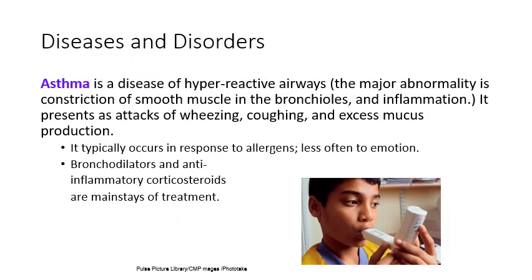Okay, a couple disorders associated with your respiratory system that you should have some familiarity with here. So first one's asthma. There are a few things that kind of characterize asthma. One is these hyperreactive airways. So remember that the bronchioles are lined with smooth muscle that's going to be very responsive to autonomic innervation. So autonomic tone going one way or another is going to either dilate those bronchioles or constrict those bronchioles.